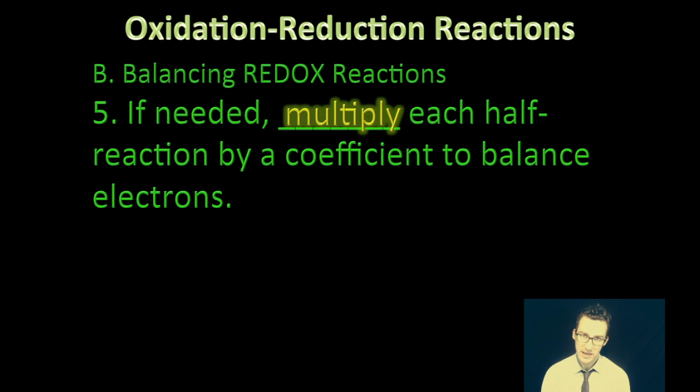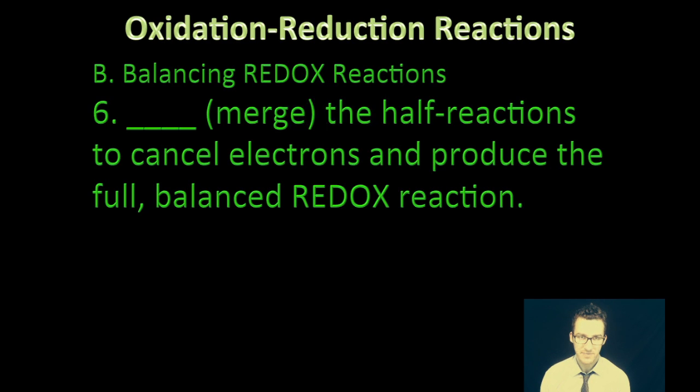Again, as you're balancing these redox reactions, you don't want to lose more electrons than you gain or gain more electrons than you lose, which is not possible. And so we'll look at some examples like that. And then step 6, you add the half reactions back together to get your full balanced redox reaction. Sounds really complex, but with a couple examples under your belt, not going to be too difficult.